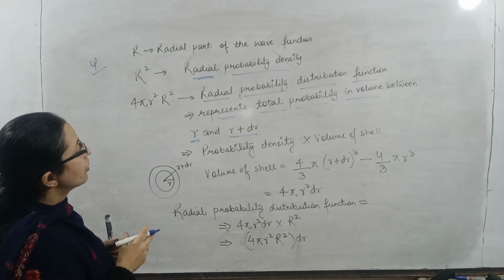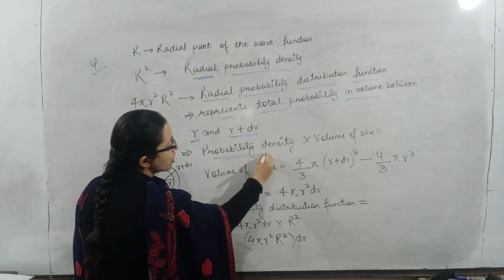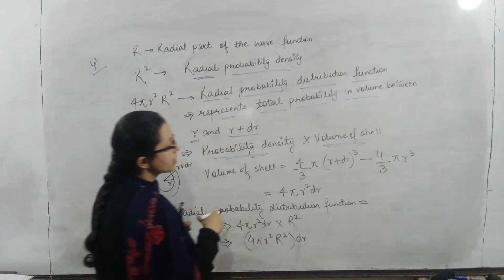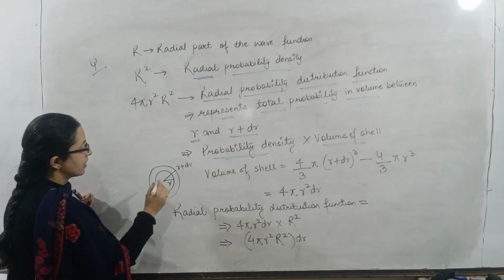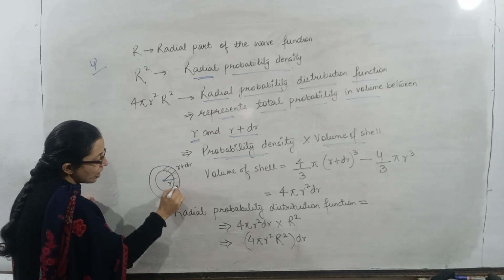Basically, radial probability distribution function कैसे आएगा? Probability density को जब हम volume of shell से multiply करते हैं, ठीक है? So suppose this is your radius R and this represents the shell.